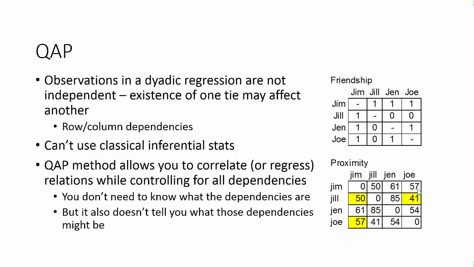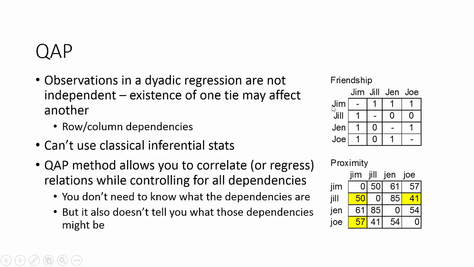And the parameter estimates would be exact. The only problem is that the significance would be wrong. And that's because SPSS assumes that the observations are independent of each other, and they're not. So we have this autocorrelation problem. And they're not independent for all kinds of reasons, right? Like, one of them has to do with row effects.